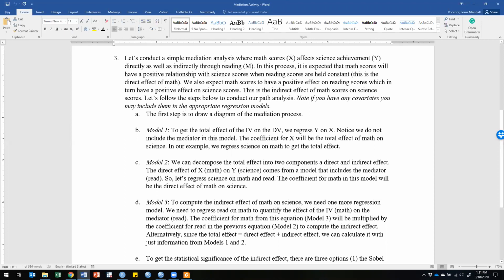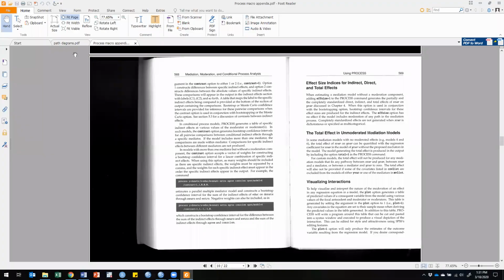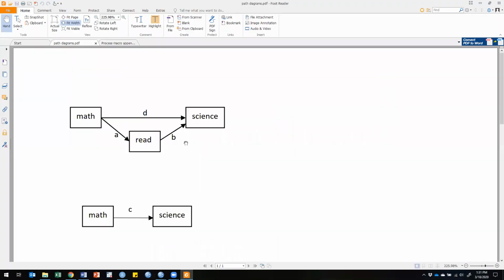Usually our first step in a path analysis or mediation analysis is to draw a diagram of the mediation process. So let's do that now. I've started drawing these here.